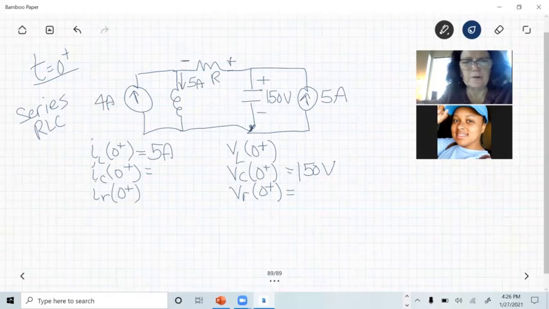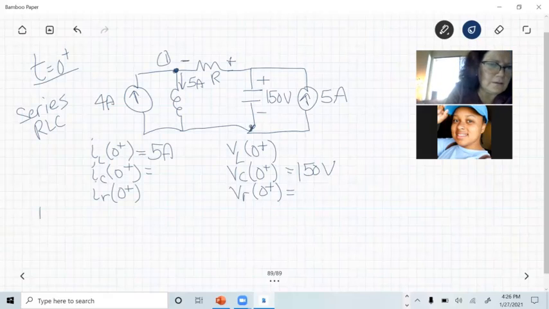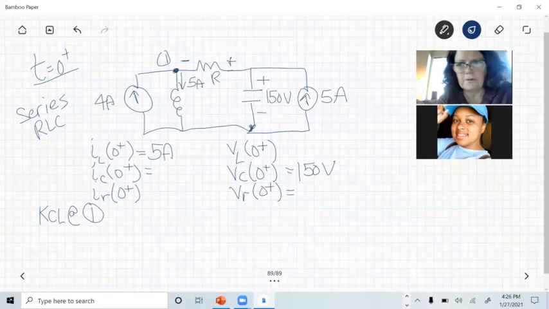That's semi-arbitrary. At this node right here, I'm going to write a KCL equation. We'll call this 1. So KCL at 1, current would be flowing that way in the resistor.